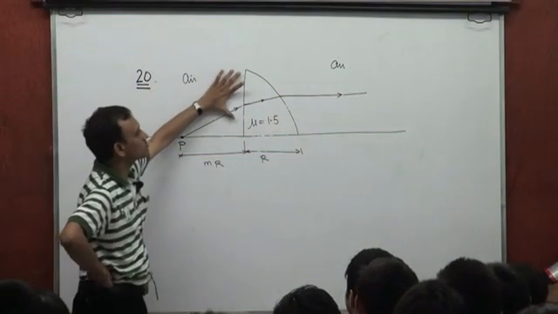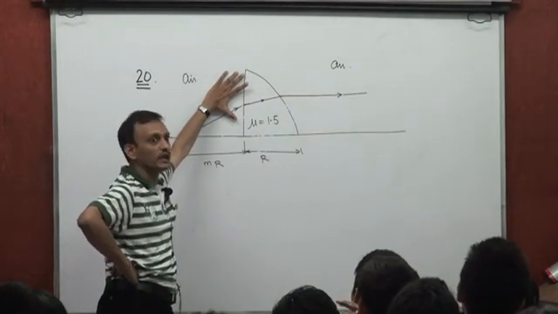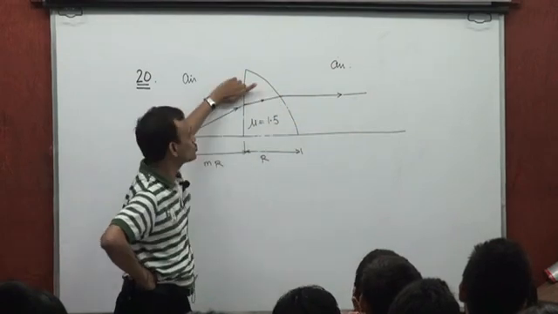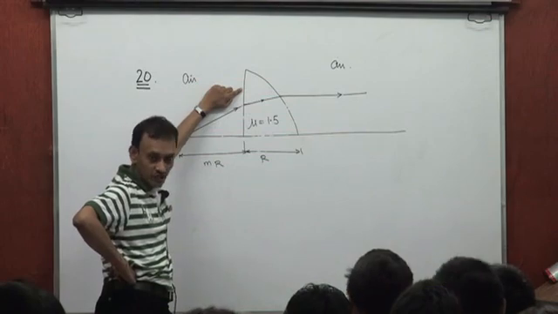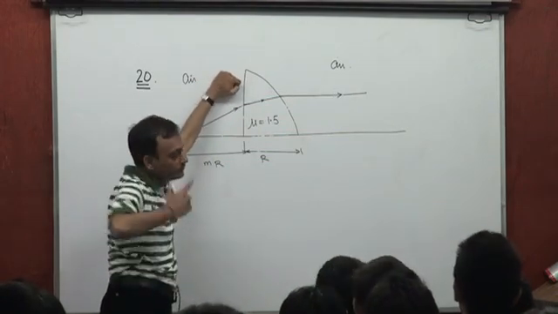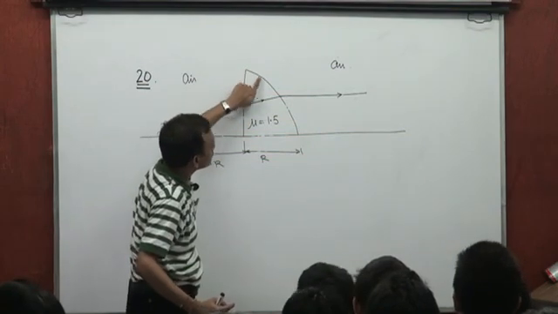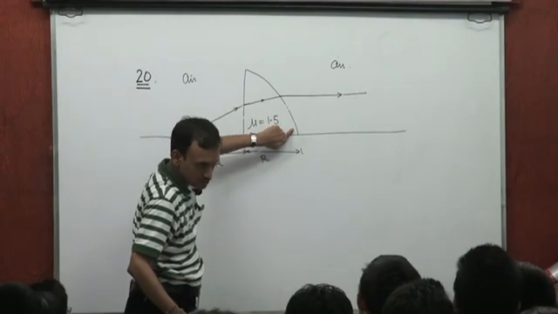I treat this as a lens whose radius of curvature here is infinity, R1, right? This is a plane surface, so its radius of curvature is infinity. This R is R, right?